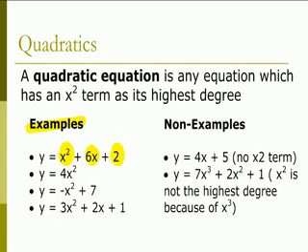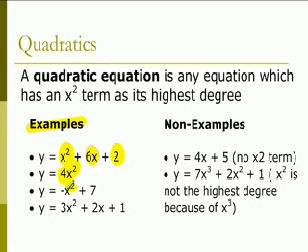That is a quadratic because it has an x squared term and it's the highest degree. The next equation is y equals 4x squared. It's the only term, so it also is a quadratic because it has an x squared as its highest term. It doesn't matter how many terms are in the equation as long as x squared is the highest term.